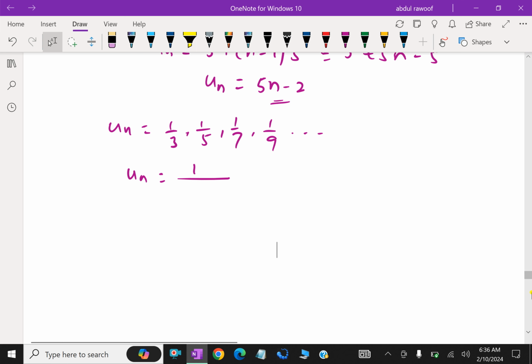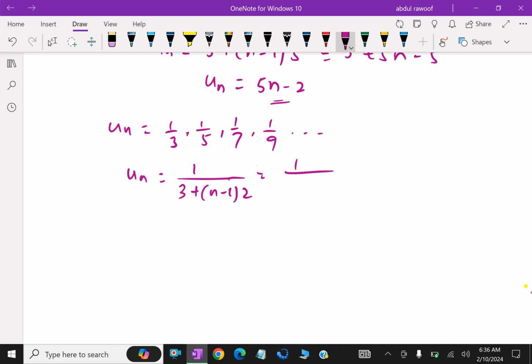The difference is 2. That is 3 plus n minus 1 times the difference 2, which equals 1 over 3 plus 2n minus 2, which further equals 1 over 2n plus 1. So like this, we can find the nth term.